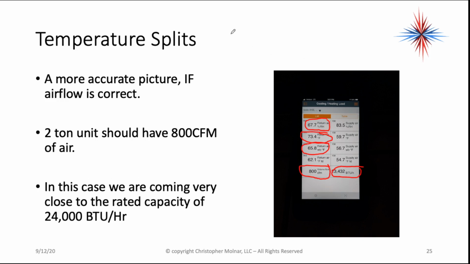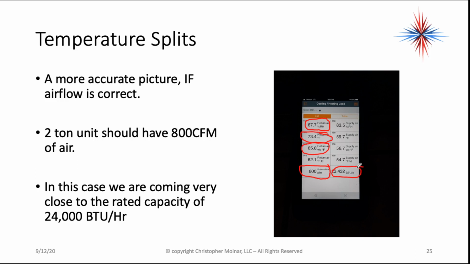Now, this makes a lot of sense. Okay, we have a 2-ton system, which is 24,000 BTUs per hour. So I'm actually well within range of what my output and BTU capacity is. Okay, 23.4 compared to 24,000 for a couple-year-old system, not installed in ideal conditions. It's doing what it's supposed to do.